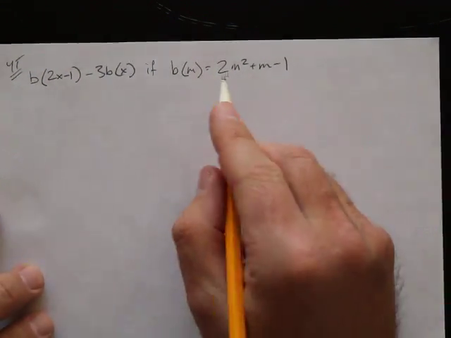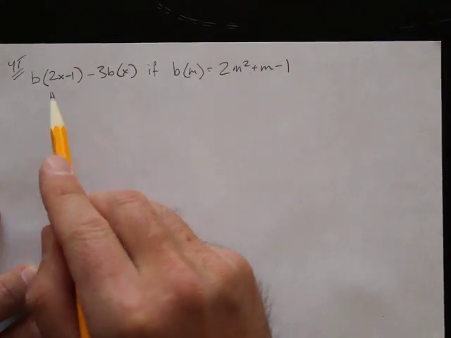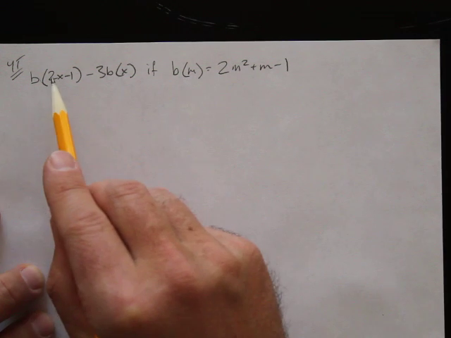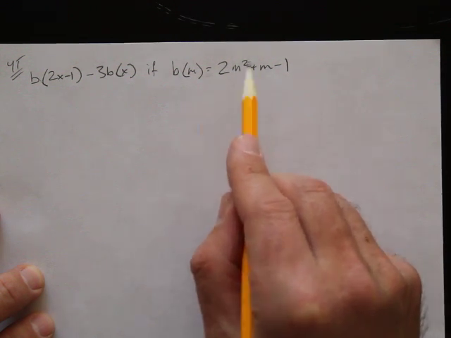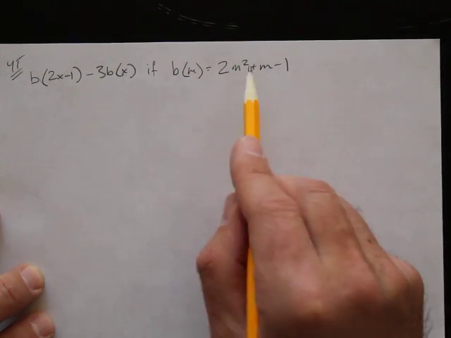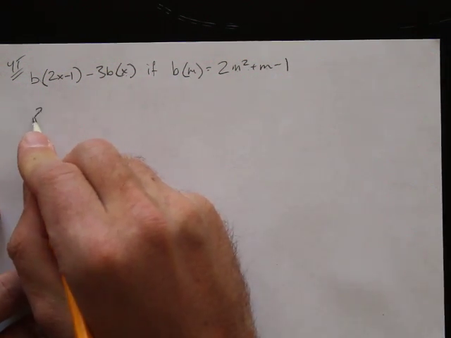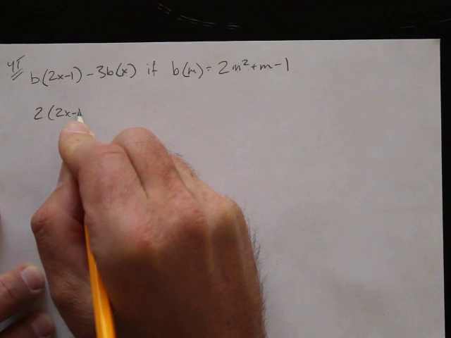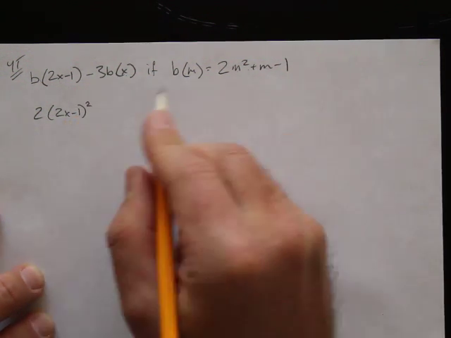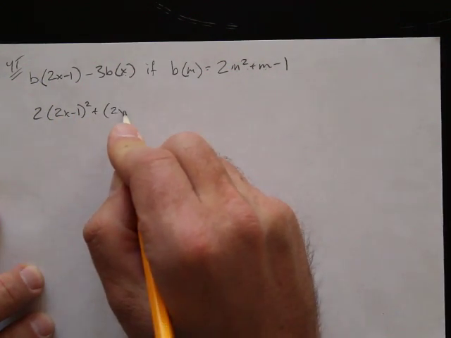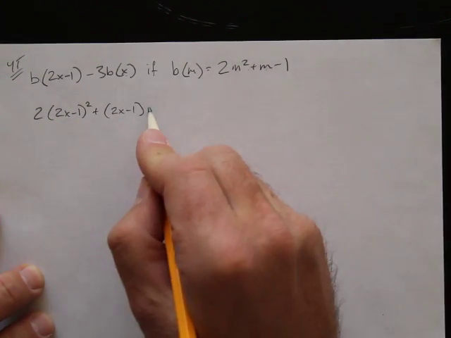All right, let's see how you did. 2m squared, so this is going to go in for the m value, and then this is going to substitute for the m value as well. Let's do this one first. 2 times 2x minus 1 squared plus m, which is going to be 2x minus 1, minus 1.